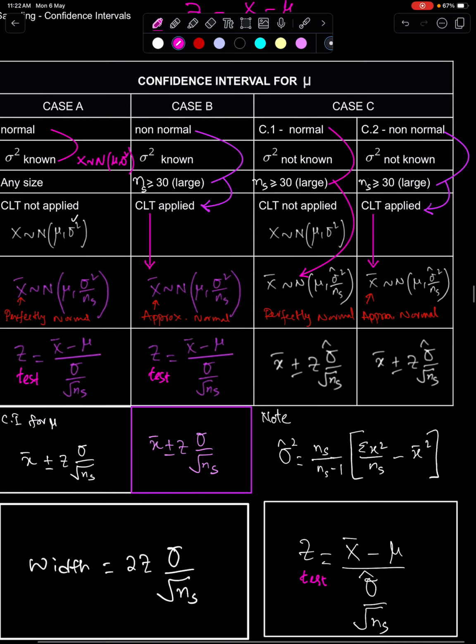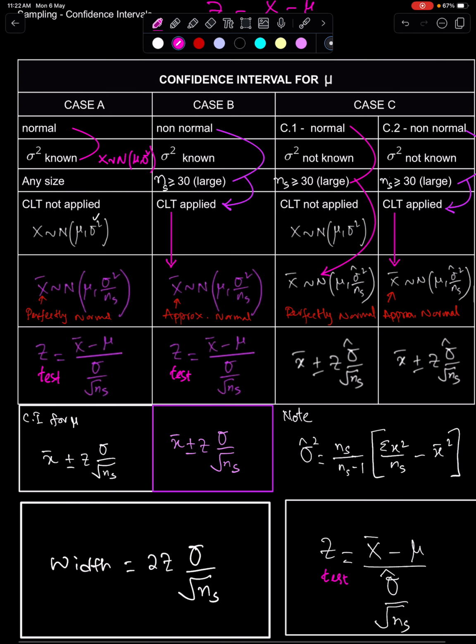But in distribution of sample means, the formula of Z test is x bar minus mu divided by the square root of this variance. When you take the root, you will write sigma upon root n. This formula is used in testing of hypothesis, Z test.